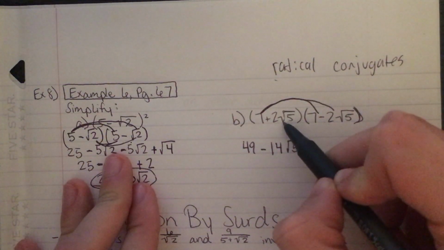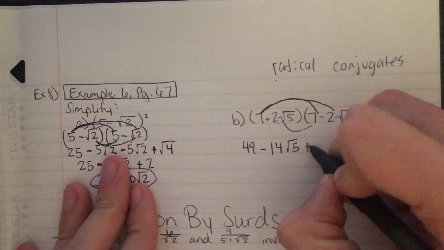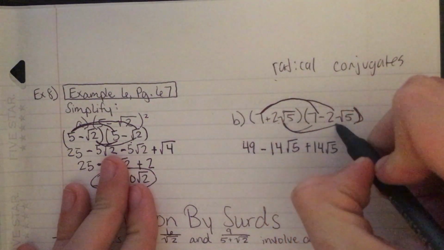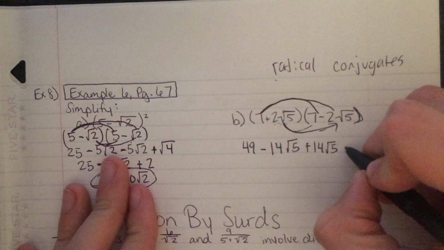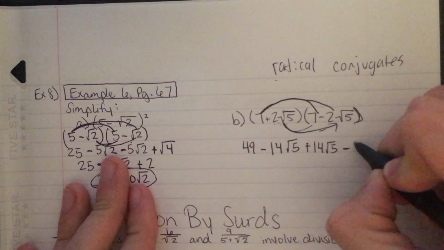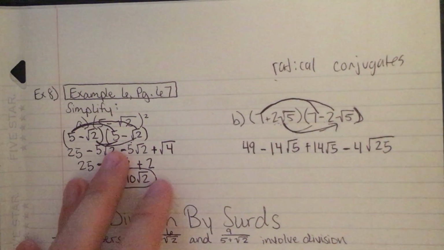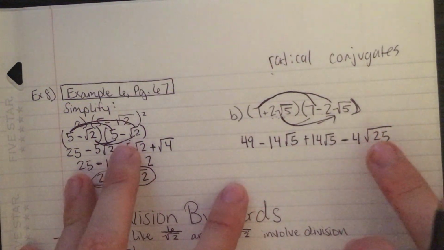If we get 2 square roots of 5 times 7, that'll give me plus 14 square roots of 5. And if I multiply these two things together, 2 square roots of 5 times negative 2 square roots of 5, 2 times 2 is going to give me a 4, and then that's going to be square root of 25. You could have just put a regular 5 there. I like to really hammer home these rules, though.